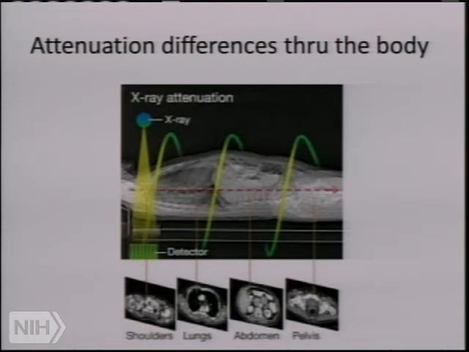On the other hand, as you go through the pelvis, it's almost all bone, and so the X-rays have relatively more trouble getting through bony tissue. You can see that the bone is read out as a white color, if you will, corresponding to high density.